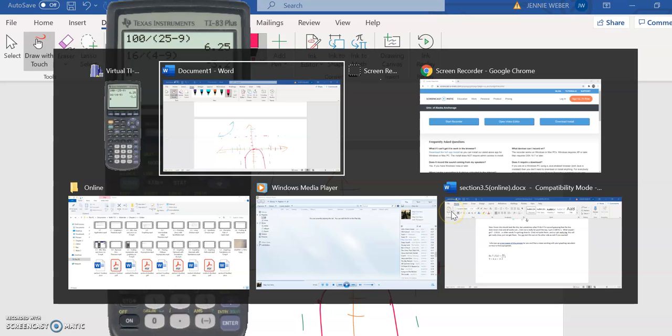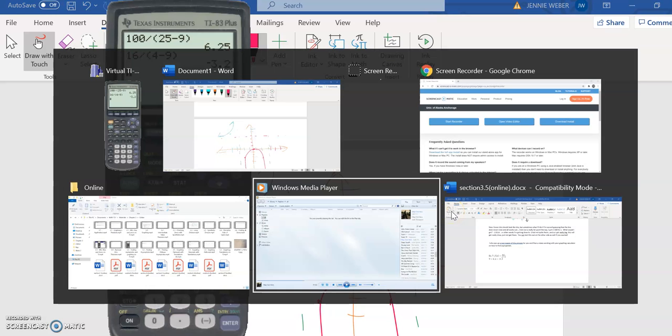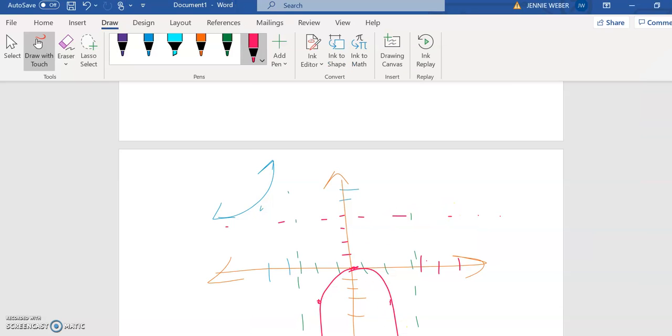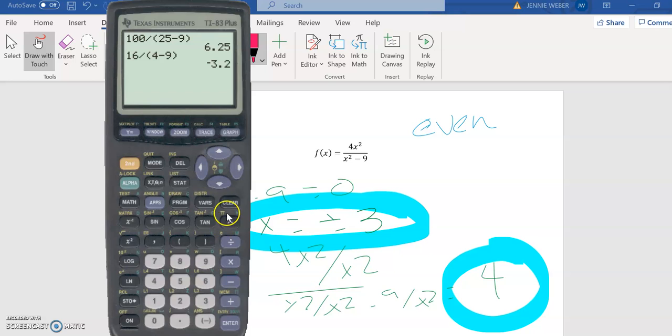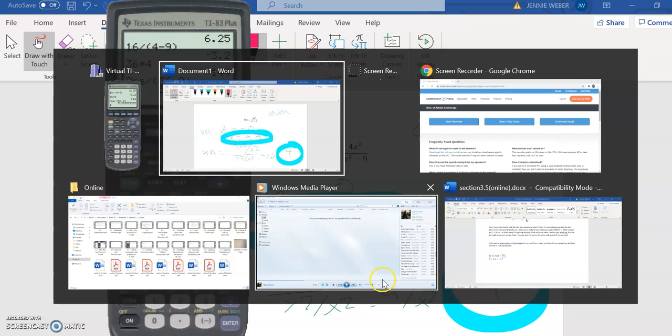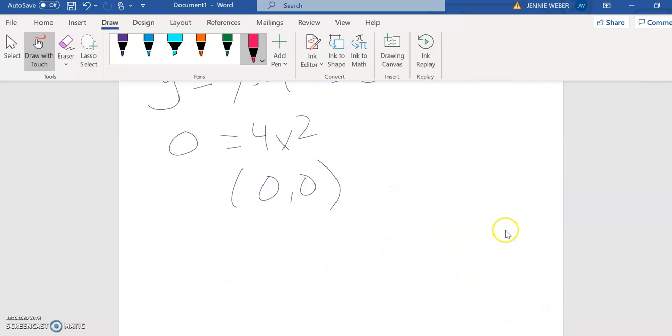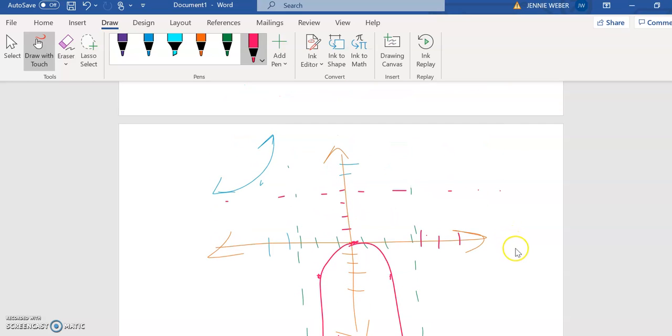That's also going to help me double check what I was doing. So I'm going to put in 6. 6 squared is 36. 36 times 4 divided by 36 minus 9. And I get 5.3. So that's exactly what I wanted to see, because that's smaller than the other side.